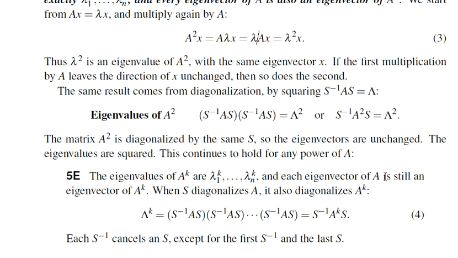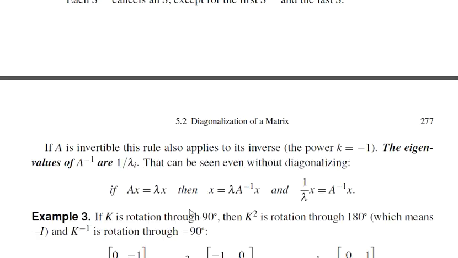Each eigenvector of A is still an eigenvector of A to the k, and we can find lambda to the k by multiplying S inverse A S as many times as k. So S inverse A to the k S, yes it would be. On this basis we can go for solving the problems.